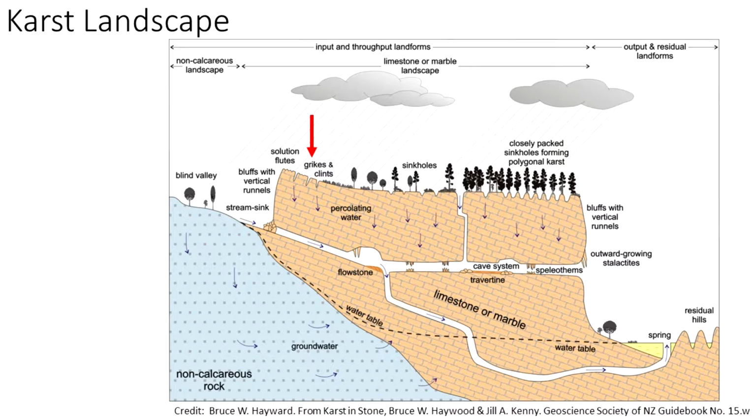Epikarst is a term that refers sort of like the epidermis, the upper part of the top part of your skin. This is the outermost part of the karst system. So here we have the limestone where it first comes in contact with rainwater, which is moving down through a soil, or maybe even directly onto that limestone if no soil is present, and is being attacked and dissolved by that rainwater.